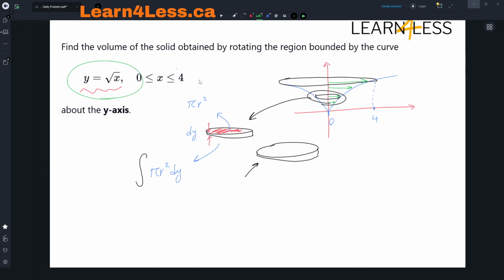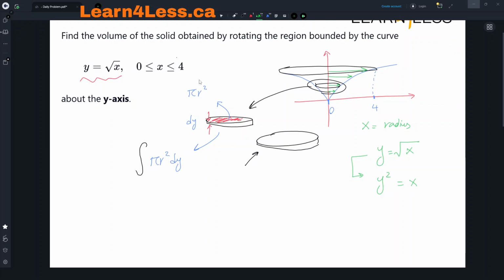So this function is dictating the radius, and we need to know the x coordinate, which represents the radius of that layer. y is equal to the square root of x, and we know that x is equal to the radius. Let's solve for x. Squaring both sides, we get y squared equals x. So y squared is the radius.